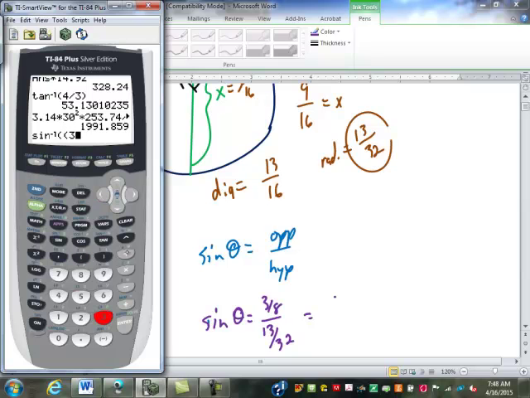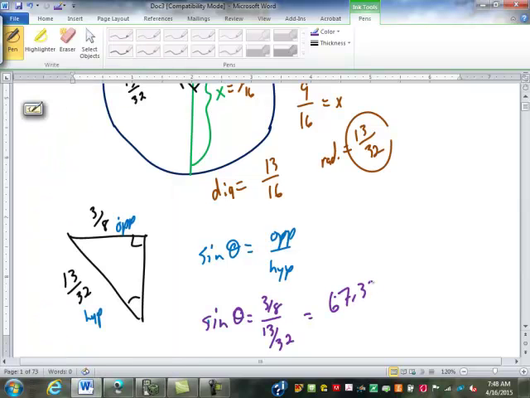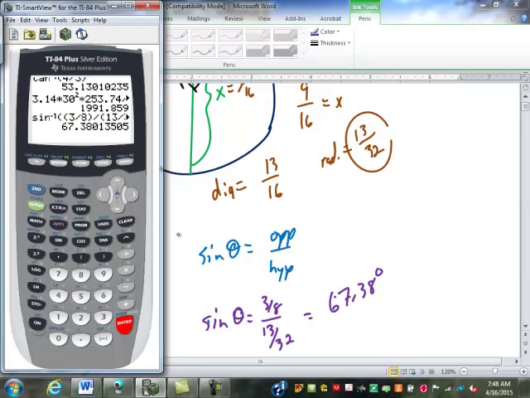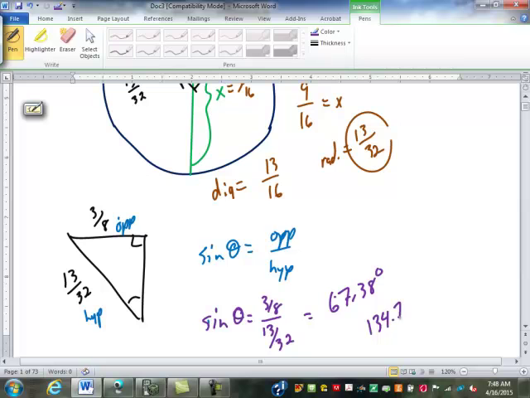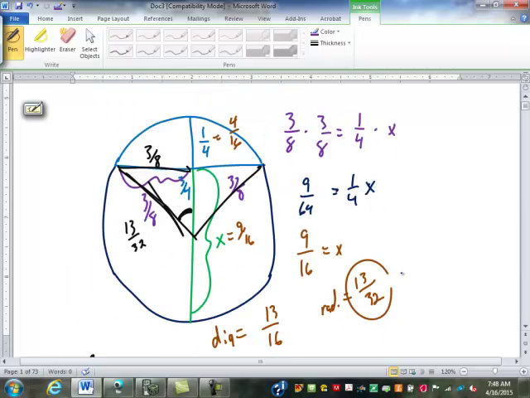Mine doesn't, so I have to do it this way: 3/8 divided by 13/32. So it's 67.38 degrees. And we're going to double that to get the full angle. So 134.76 is the angle of that whole sector.